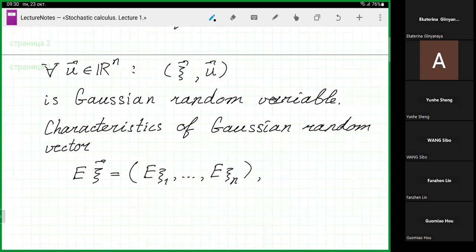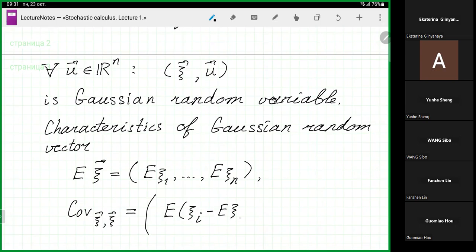Maybe you know from probability theory that this is the covariance matrix. The covariance of psi is a matrix which consists of the following expectations: psi i minus its expectation, multiplied by psi j minus its expectation.